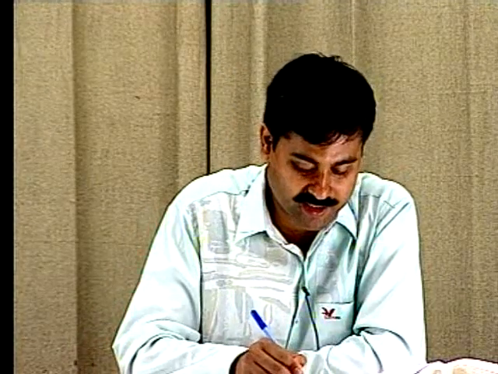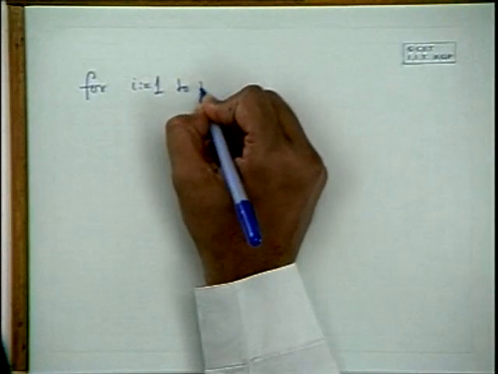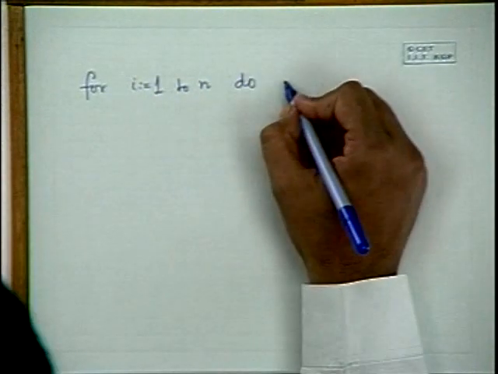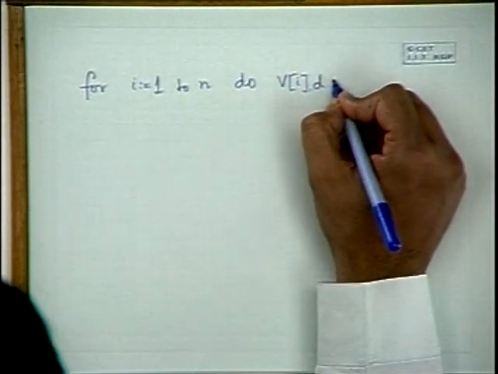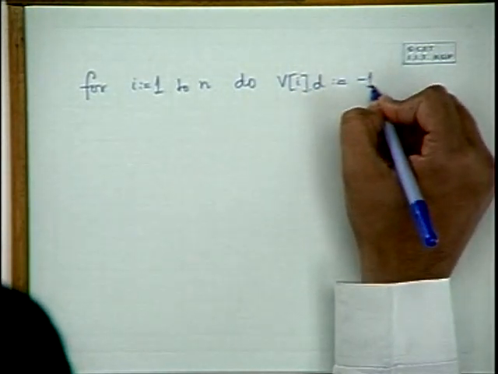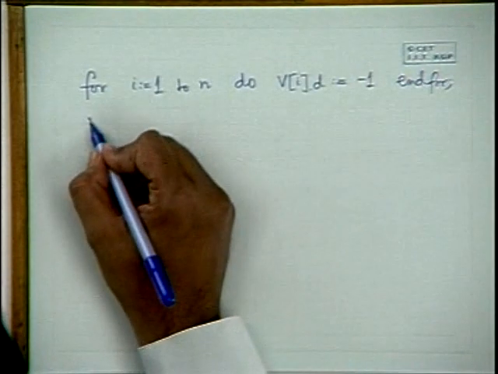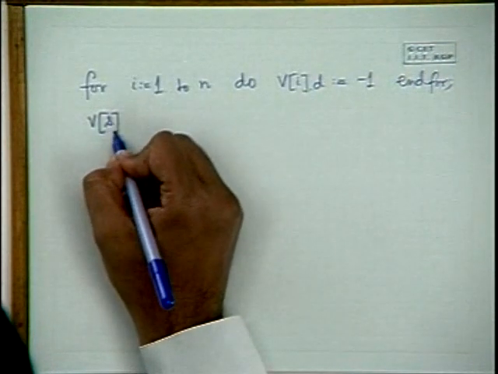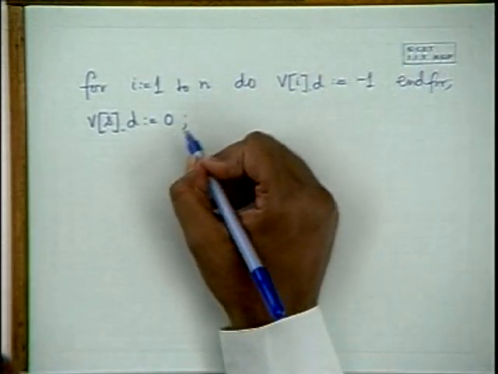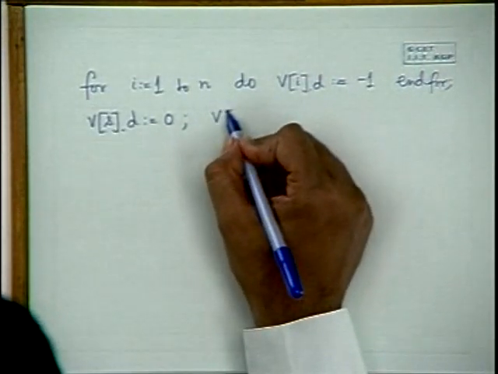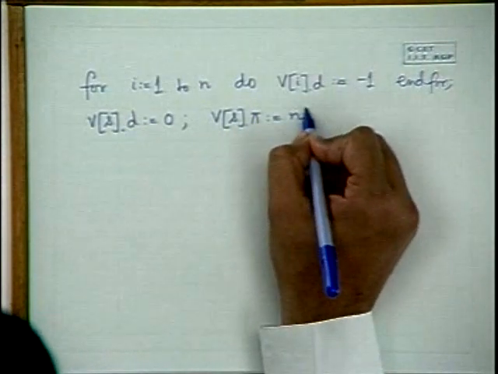So this is the initialization: for i equal to 1 to n do vi.d equal to -1, end for. Then we initialize the starting vertex vs.d equal to 0. Again we have the pi field, vs.pi is nil.